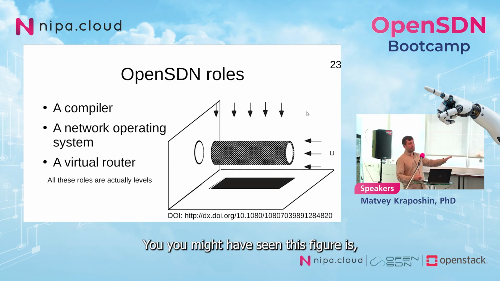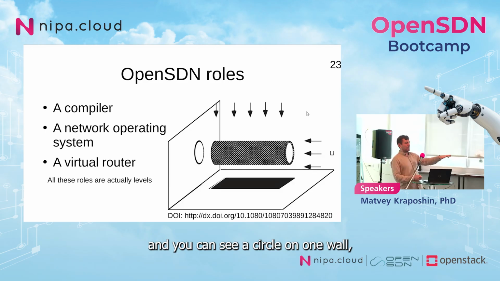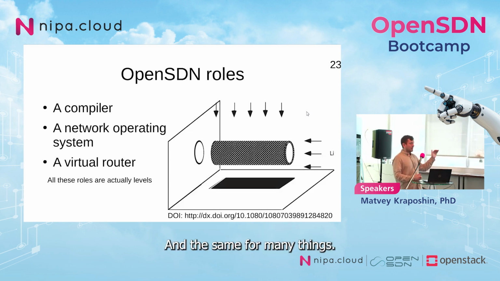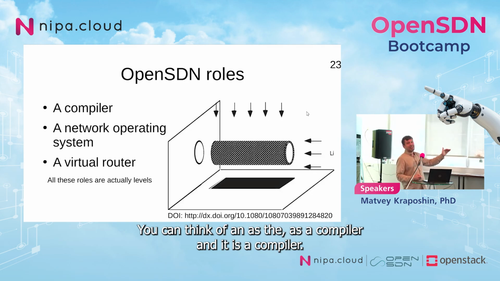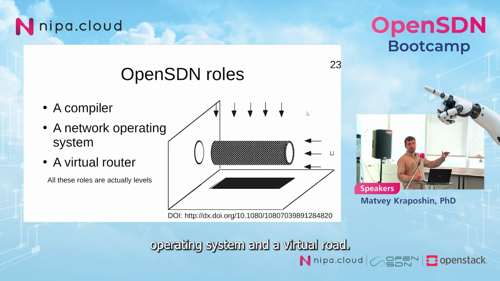You might have seen this figure: if you project light on a cylinder, you can see a circle on one wall, you can see a square on a different wall, but actually this is a cylinder. And the same goes for many things in life. You can think of OpenSDN as a compiler, and it is a compiler. It is a language. You can think of OpenSDN as a network operating system, and a virtual router.